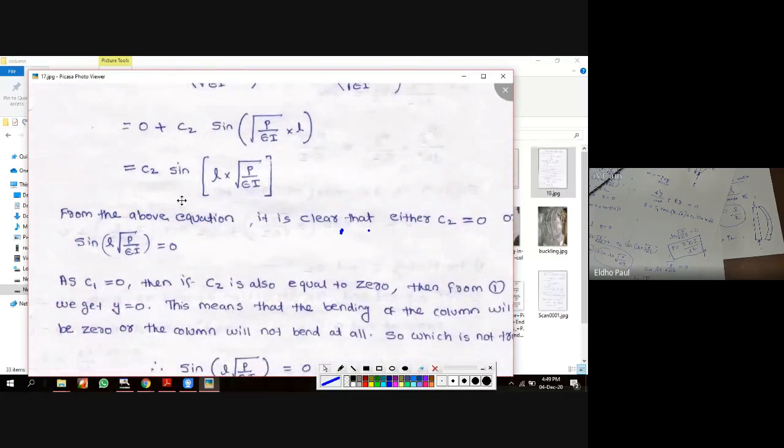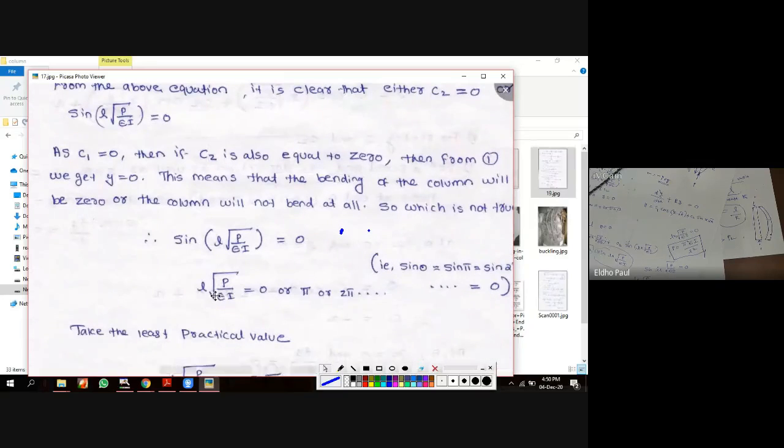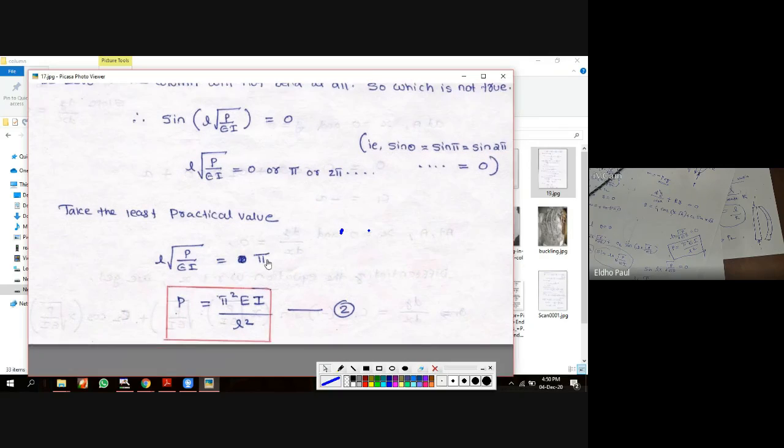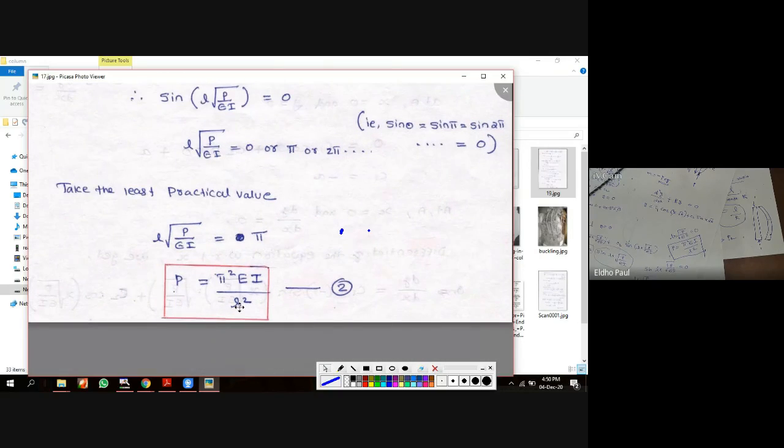So sine something is equal to 0, then something will be equal to 0, pi, 2 pi, etc. I am taking the second least value, pi. It's not 0, second least value pi. So L into root P by EI equal to pi. From this, we got P is equal to pi square EI by L square.